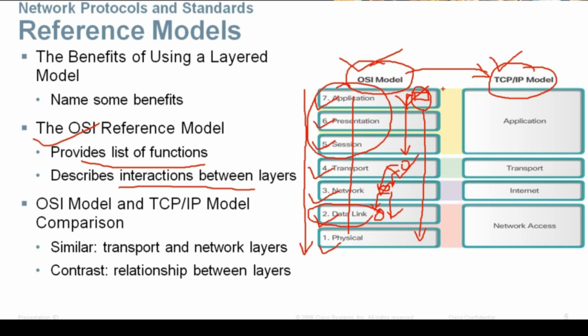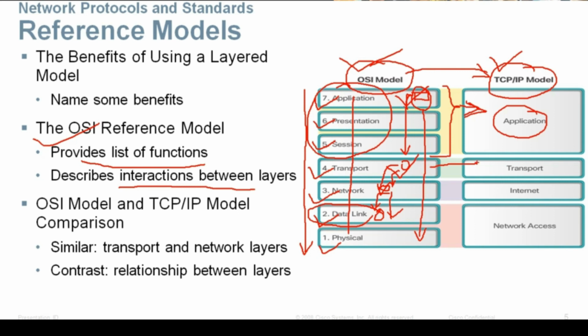The first three topmost layers are combined as an application layer, because logically you cannot divide the session layer from the presentation and the presentation from the application. These three are always together. So as an abstract view, we are combining all three into the application layer.